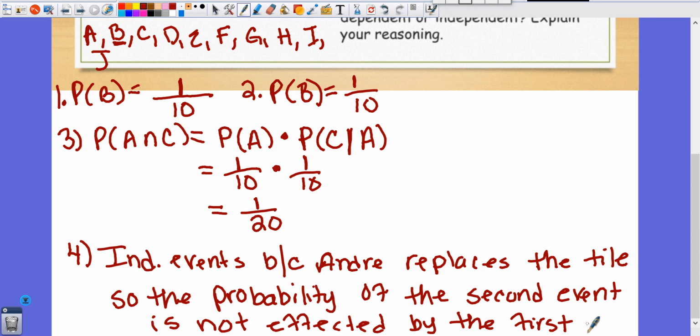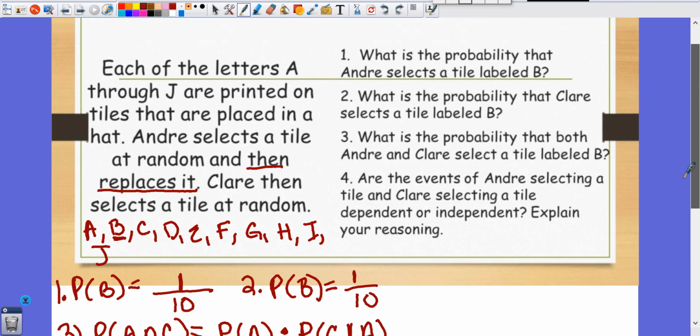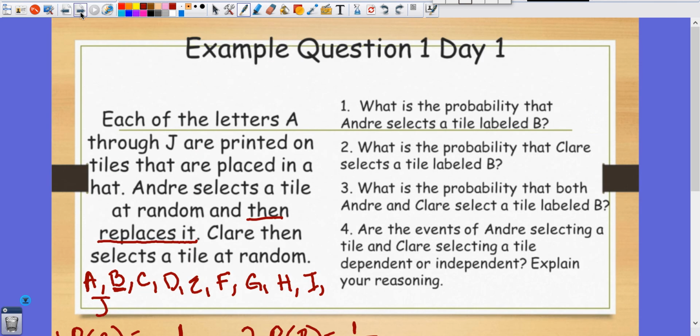So these are independent events. All right, so one way you can think about that, as long as the two events, I'm going to leave that alone. So there we go. So that's the answer to question 1 for our practice.